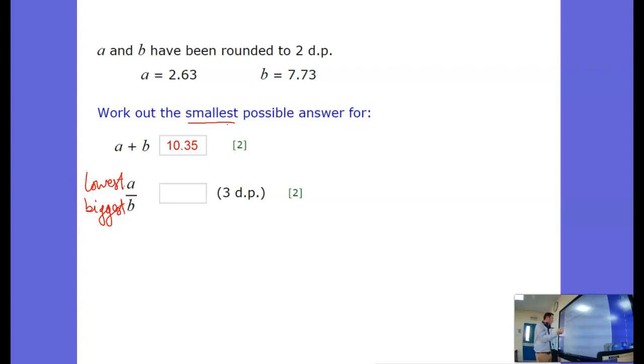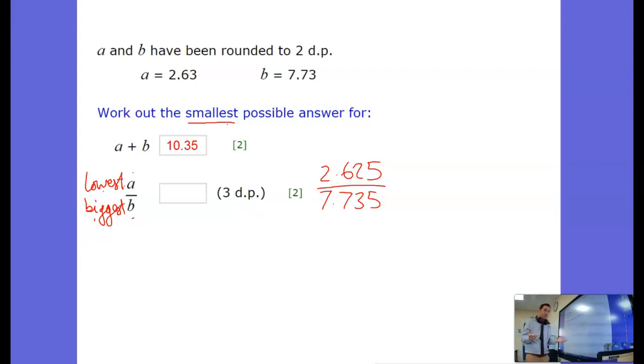So if we want the smallest value, we're going to have to do the lowest for A divided by the biggest for B. And in this case, the lowest for A was 2.625, and the highest value for B was 7.735.